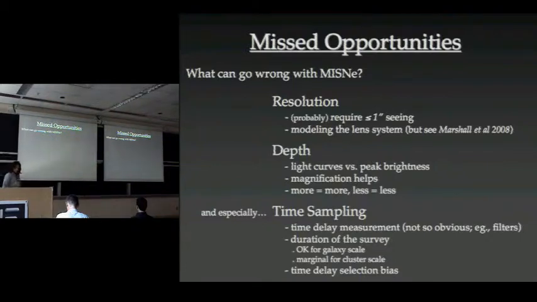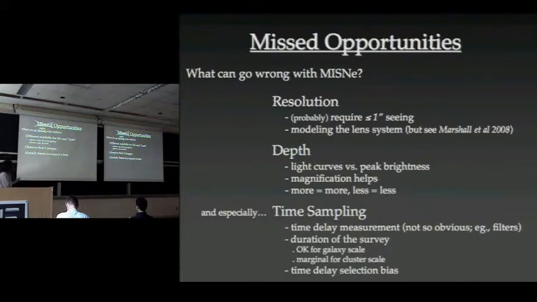Okay, so that was very pessimistic. What can go wrong? So now I will talk about what can go right. So here are just a few ideas of how to actually pick out multiply imaged supernovae from some survey that's ongoing. So one idea is to look for supernovae that have different redshifts from what you think is their host galaxies.